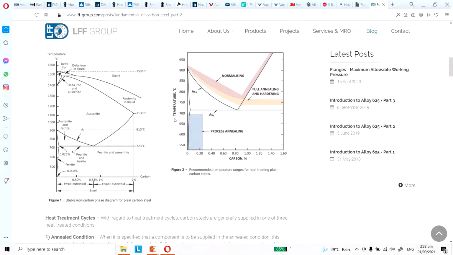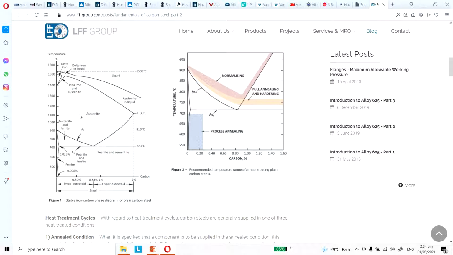So the point is, let's say we are at 0.5% carbon, I mean a carbon steel that has 0.5% carbon, and we are heating it up. Once heated to this range, to this phase, it's going to be austenitic.